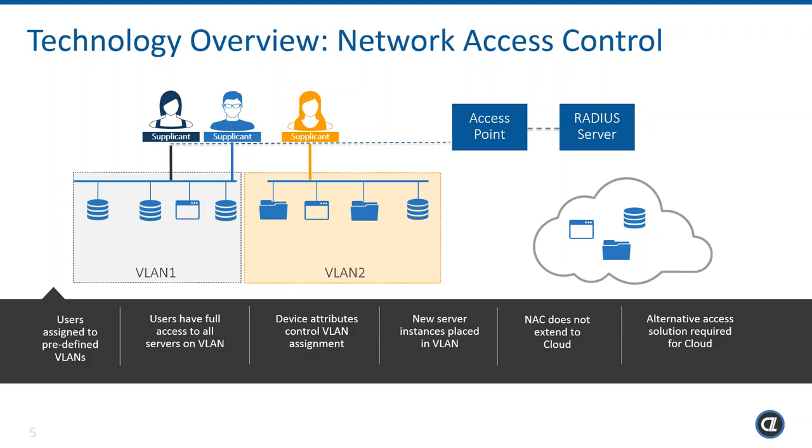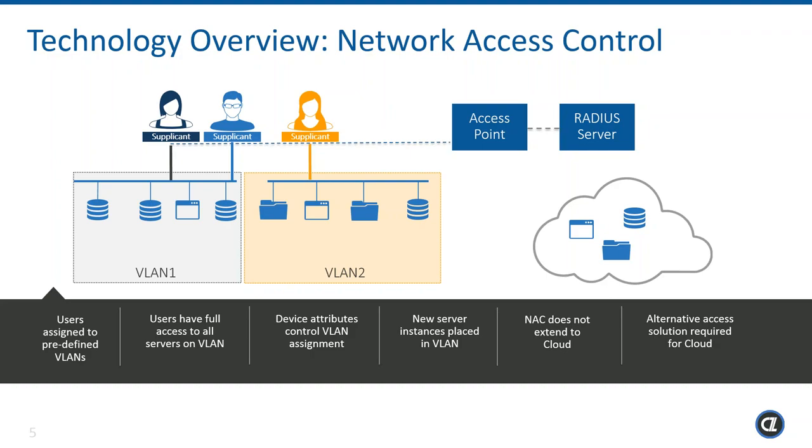What's important is that, number one, most organizations have a relatively small number of VLANs, 2, 3, 4. They might have a guest VLAN, a regular employee VLAN, and a high-risk production VLAN, but organizations don't have dozens and dozens of VLANs. Also, the network access control solution does not and can't extend to resources running in the cloud.